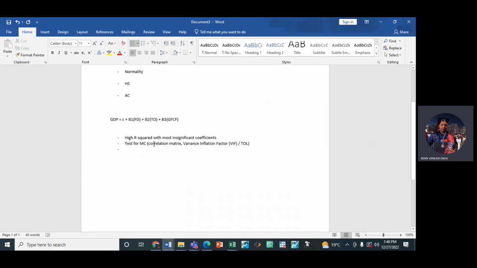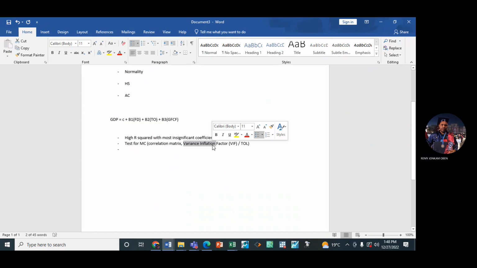And with the correlation matrix, you should not wait for all of them to be high. If just one coefficient is high, like more than 80, then we have multicollinearity. And with the variance inflation factor, if just one is more than 10, we have multicollinearity.